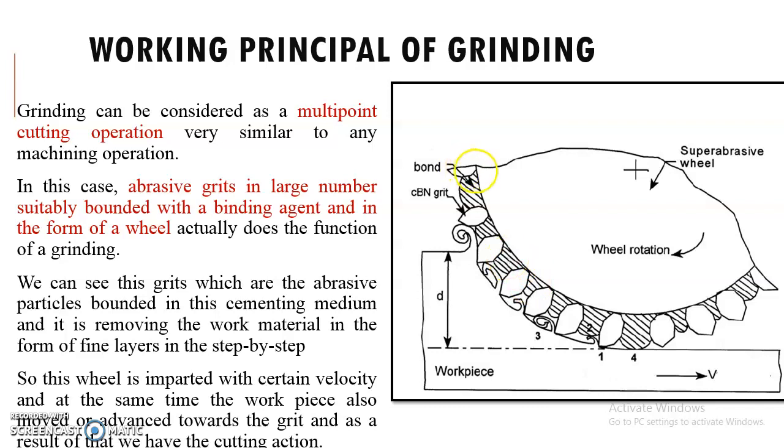One can call it a bond, and the white color circles you can observe are called grits or abrasive particles, which are firmly fixed around the periphery of the wheel. And this is called a grinding wheel, which is used to remove the workpiece material in the form of fine layers step by step.